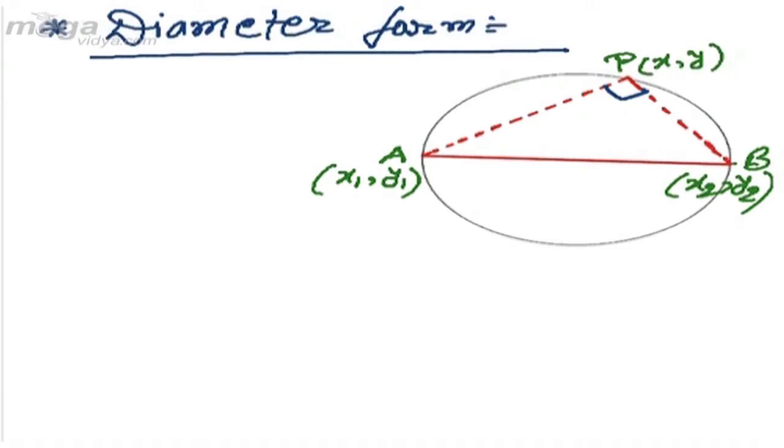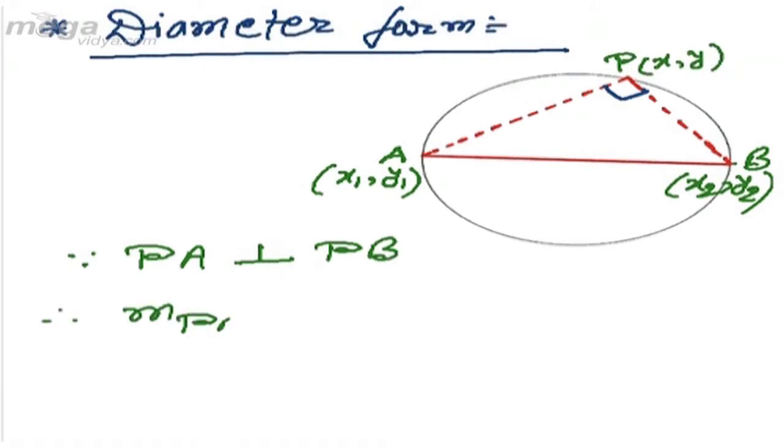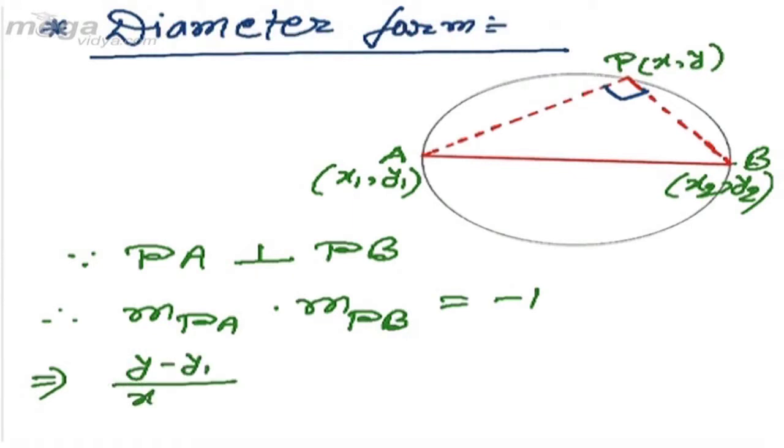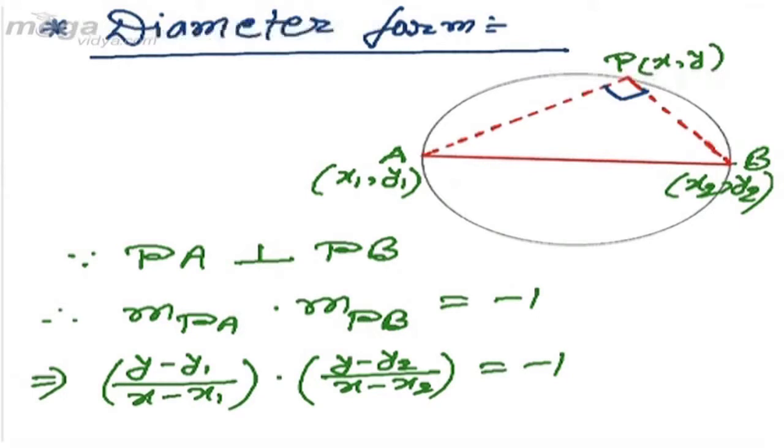So now, since PA is perpendicular to PB, the slope of PA into the slope of PB is equal to -1. Slope of PA will be y minus y1 upon x minus x1, into the slope of PB, which will be y minus y2 upon x minus x2, is equal to -1.